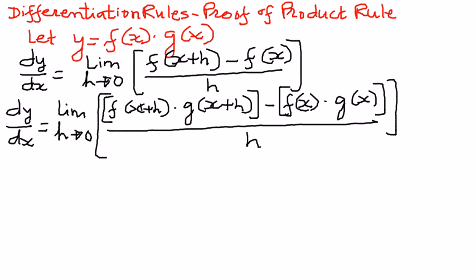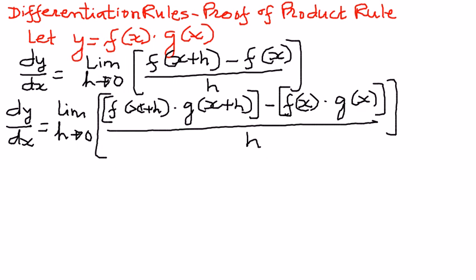Now we will add and subtract f of x plus h times g of x, so it does not change the given equation, but by combining and finding the common factor, we should be able to find the derivative of the given function. So I'm going to add and subtract f of x plus h times g of x to this whole function.